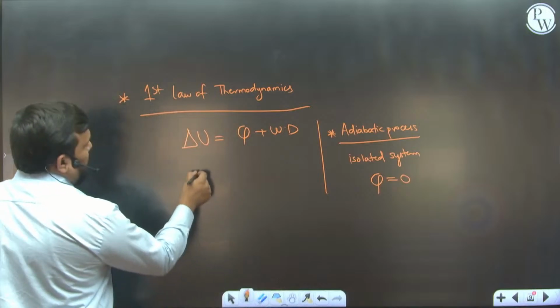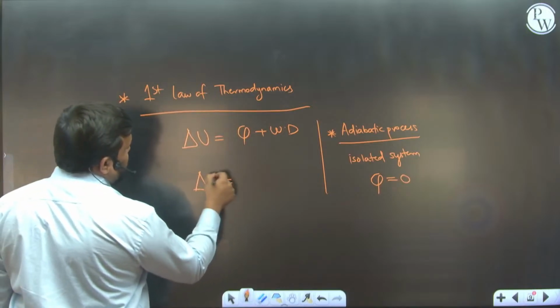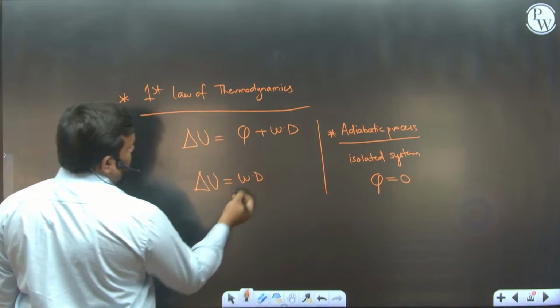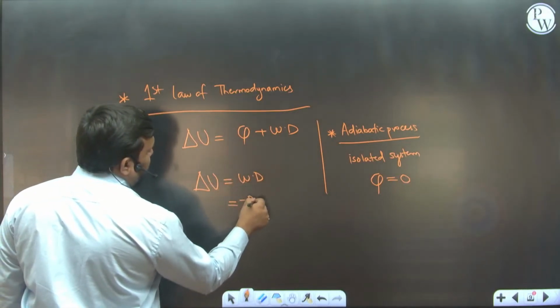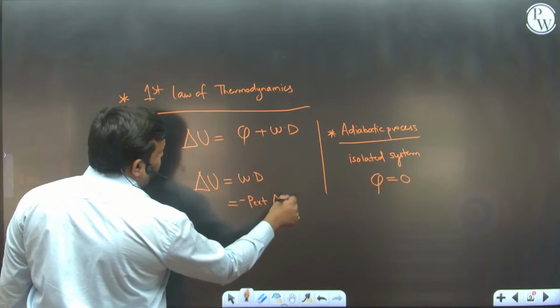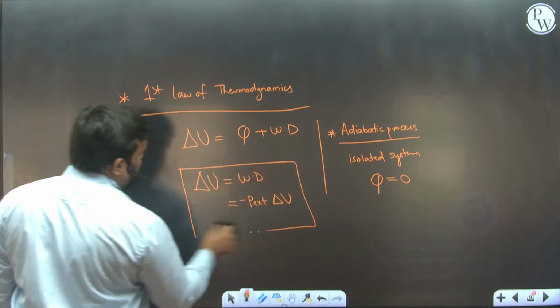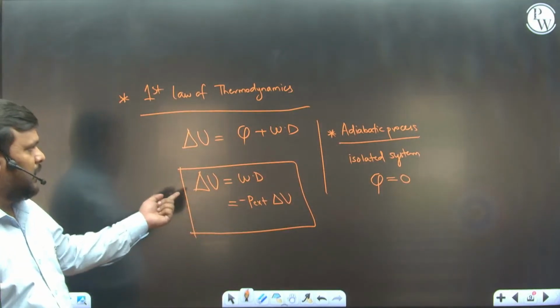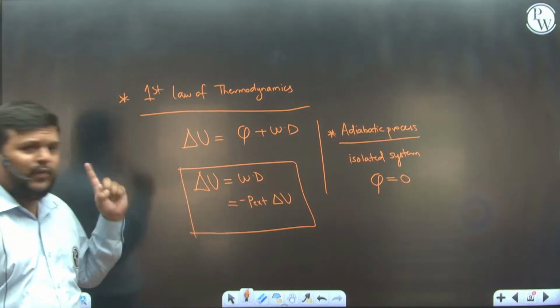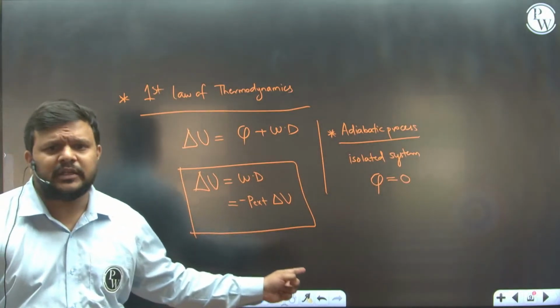So delta U, which is the internal energy change, will be equal to the work done. And for an irreversible process, this work done is minus P external delta V. So in this PYQ question, the internal energy change delta U will be equal to minus P external delta V.